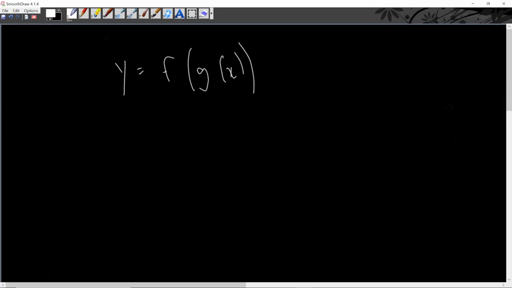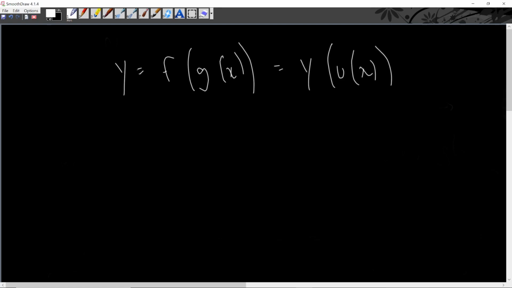So I'm actually going to change this to be y of u of x. I know it's kind of unnecessary, but we are going to use a very different notation.